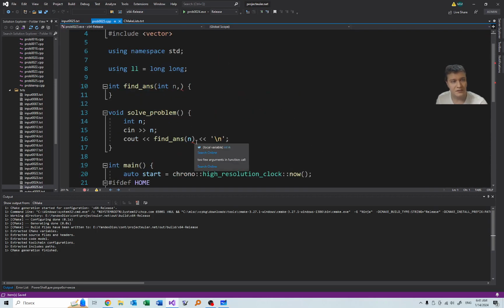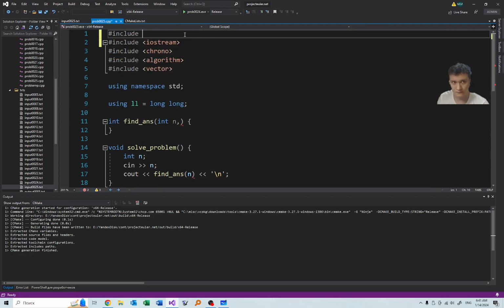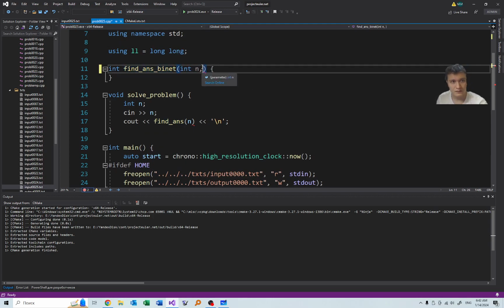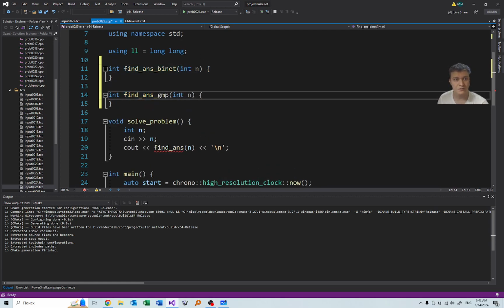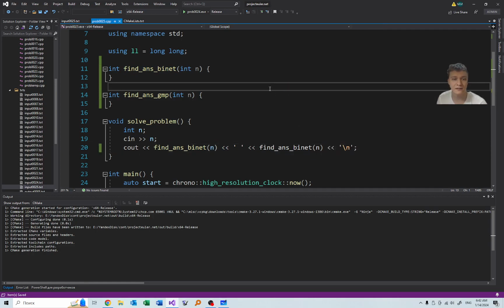So I want to print actually two answers here: find answer binary and find answer GMP. There will be two ways of doing it, and we will compare them on smaller n and on the final n, which is 1000.